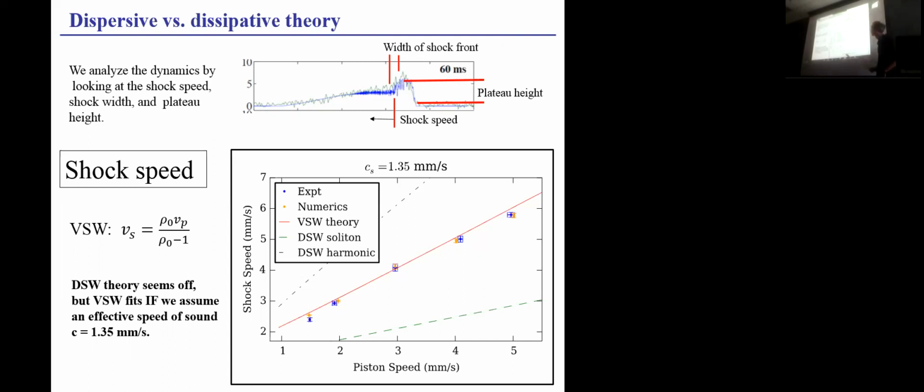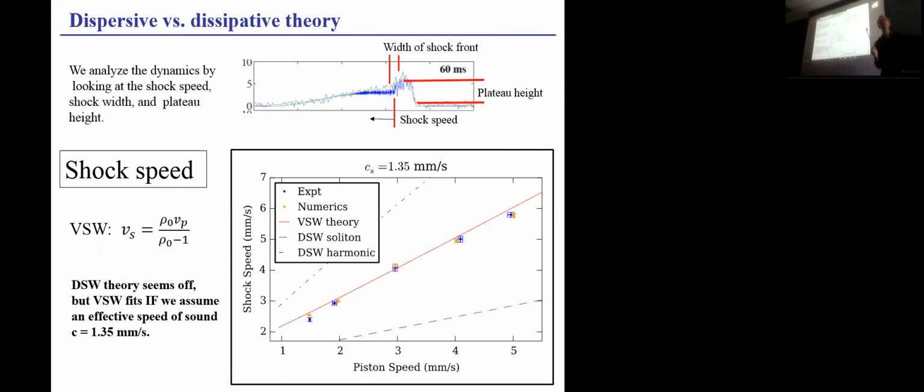In this picture, we show experimental results for the shock speed, the speed at which this edge travels forward, for different piston speeds. Our experimental points are these blue points. The GP numerics are the orange points, which are pretty much right on top of them.